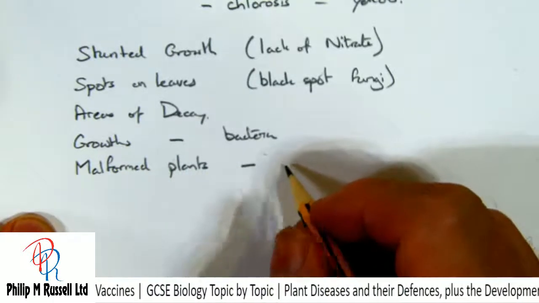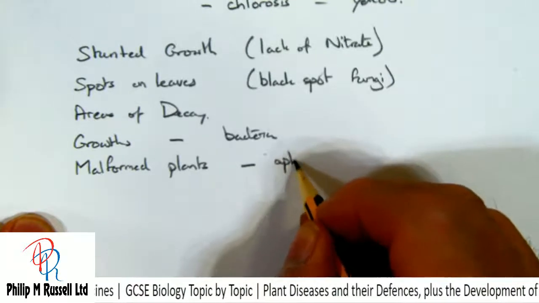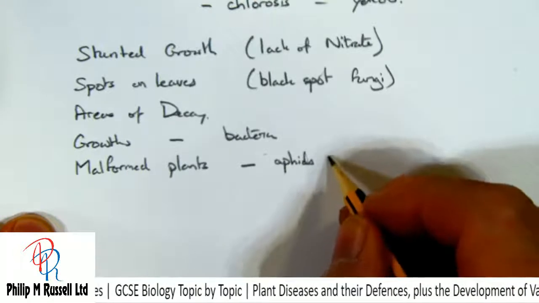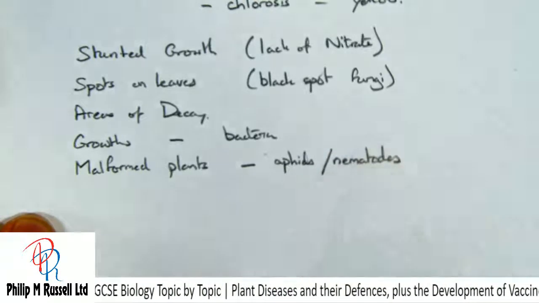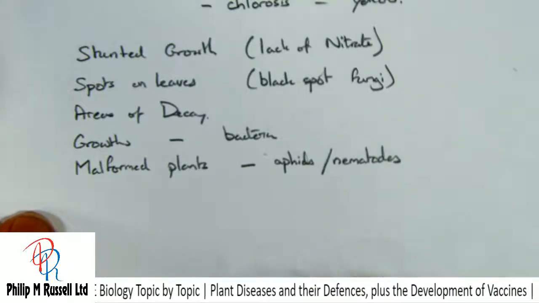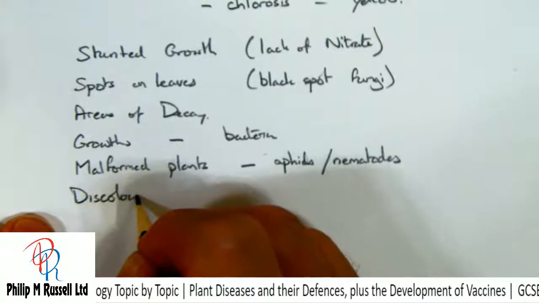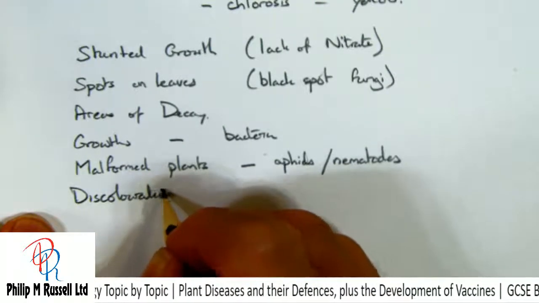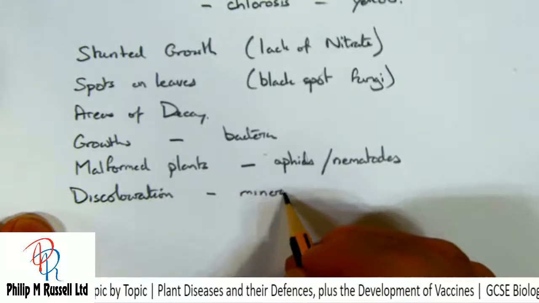And these are often due to things like aphids, or the ones we can't see, these nematodes. We get this discoloration. Chlorosis, typically mineral deficiency.